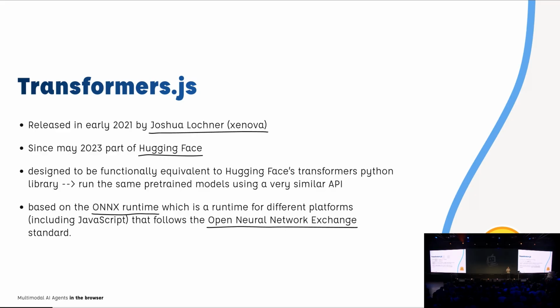He then joined Hugging Face in 2023, so the whole library is now part of the Hugging Face family. And the whole idea behind it is to make it as easy as possible for you as JavaScript developers to run machine learning models directly in the browser, or also in Node.js or any other JavaScript runtime. So it's actually runtime agnostic.